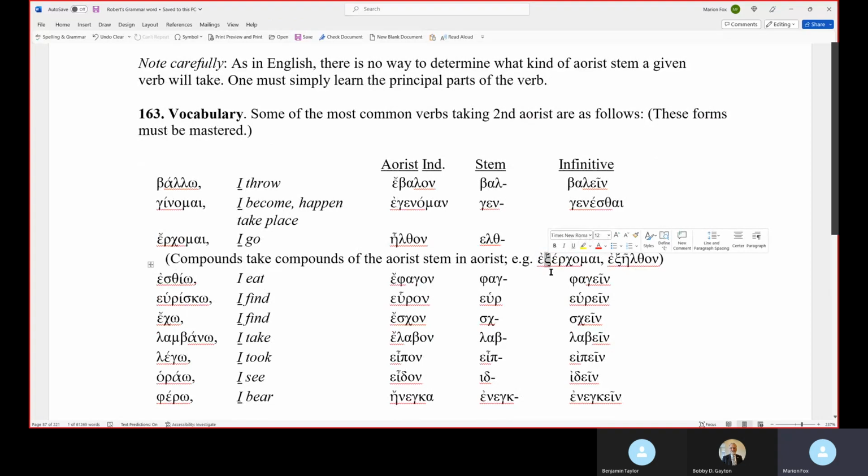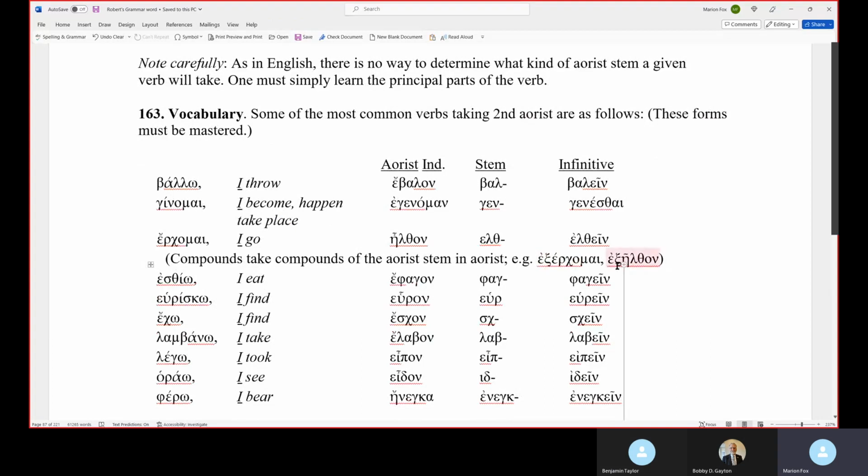And then they could also compound this with other prepositions, apo and so forth, right? Ek, apo, and those are pretty common. Ex erchomai is to come out, or go out, to go or come out, okay? And ek is out of, okay?